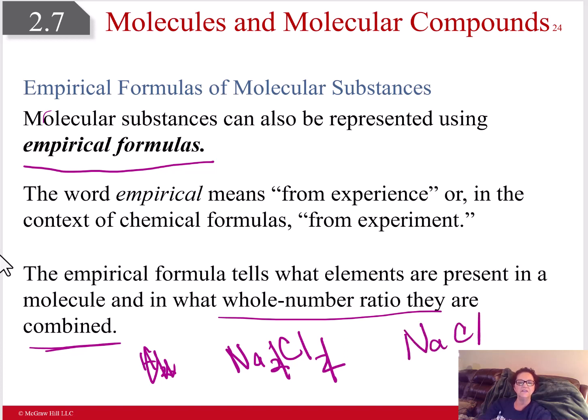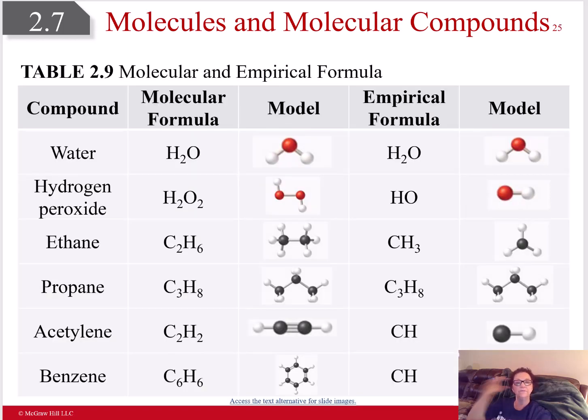But in the case of molecules where we have the two nonmetals, you can have multiple combinations of these. What do I mean? Okay, so in the case of water, water is H2O, and the one is understood, so we've got 2 hydrogens and 1 oxygen.